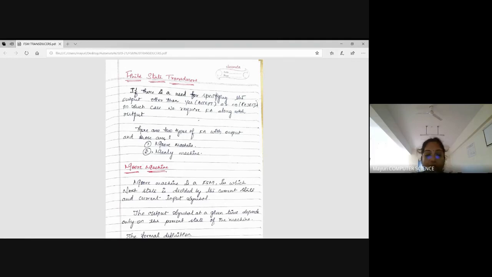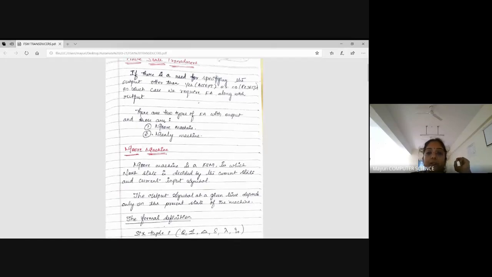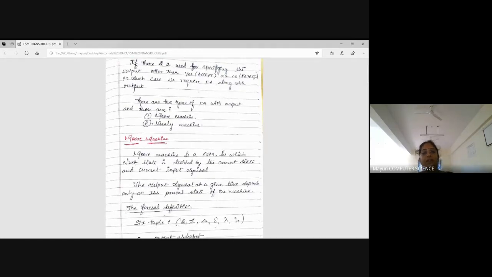These two are fully different from each other. First of all, we have to understand the construction of Moore and Mealy, how they both are differing. In these two transducers, Moore and Mealy, what a question has been given to you, you have to construct a Moore machine or Mealy machine for so and so language to be acceptable.